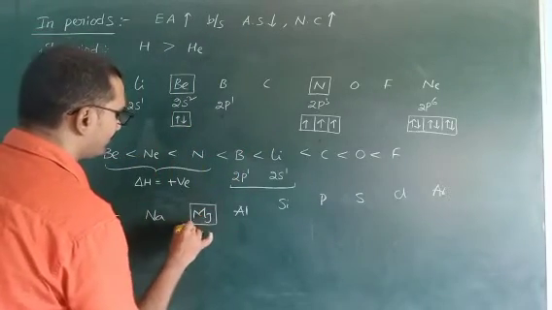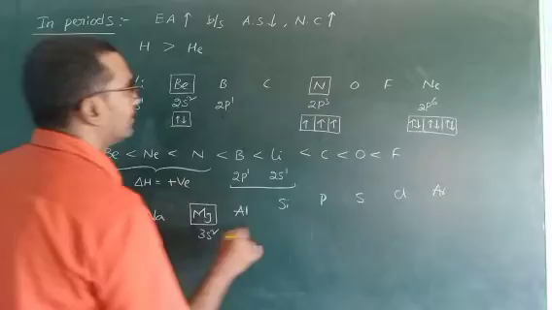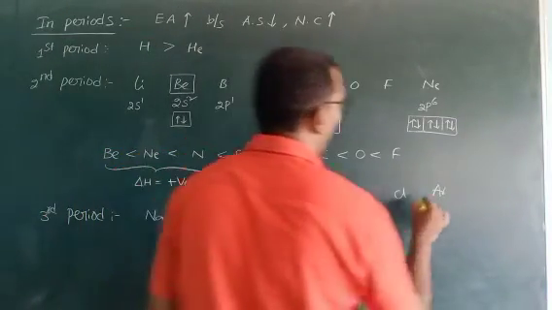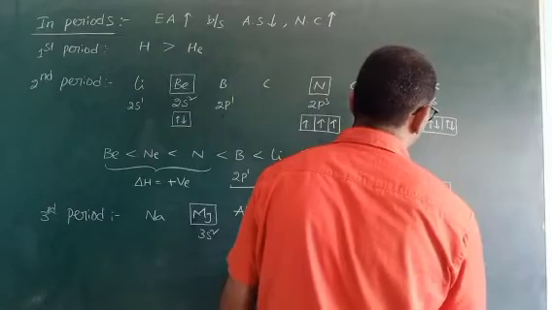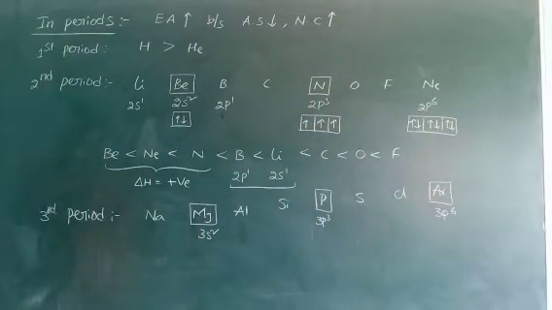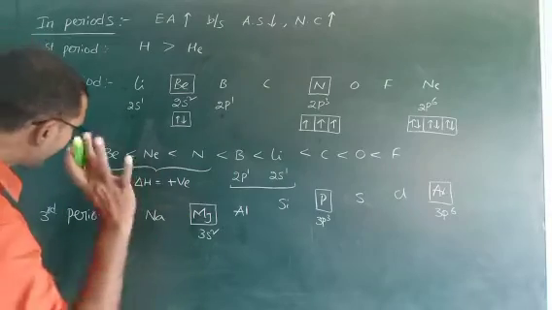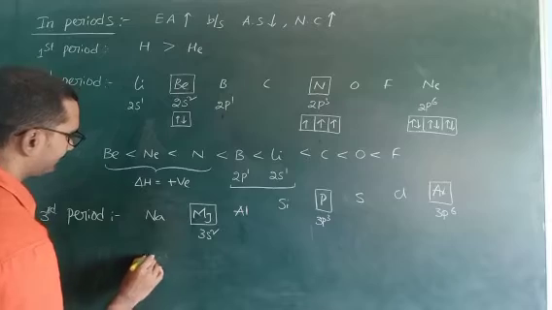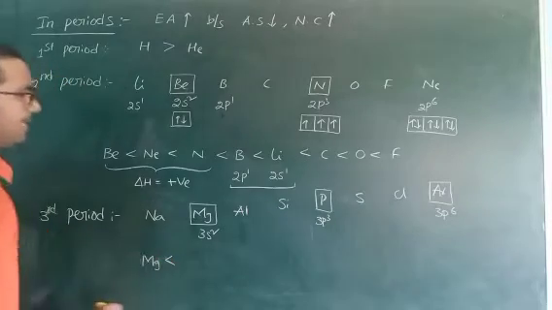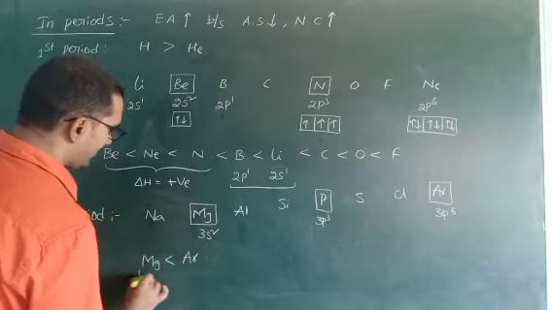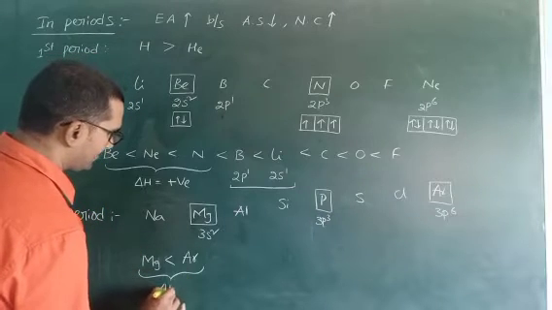Magnesium 3s2, phosphorus 3p3, argon 3p6. Very interesting here. We expected starting magnesium, next argon. These 2 are correct. Why? Delta H is equal to positive.